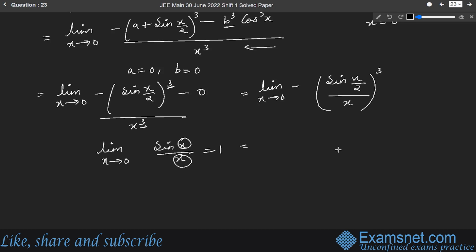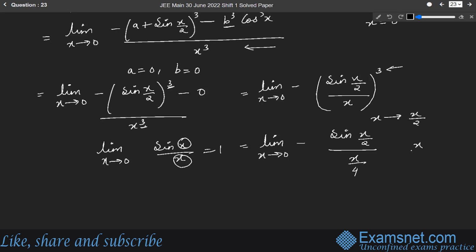Okay, so let us do one thing. Limit x tends to 0 minus of (sine x by 2) cube, divided by. We are not writing the powers now, we are just solving the part that is inside the bracket. We have to make this x into x by 2. So let us divide the denominator by 4.